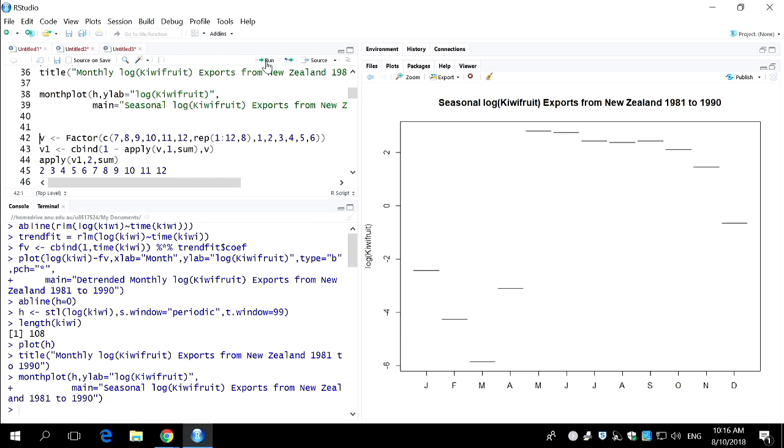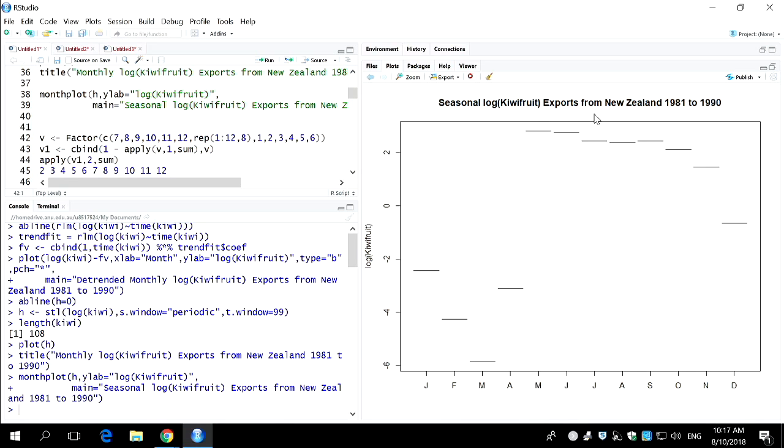Here's the month plot. So you can see January, February, March, April, May, June, July, August, September, October, November, December. What do you notice? January, February, March, April, they're all different. Then you've got this extended period where you could probably throw a single flat line over all of these.